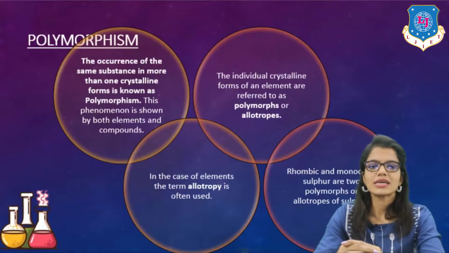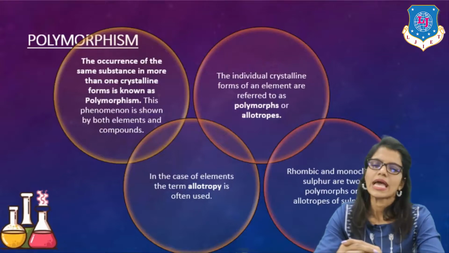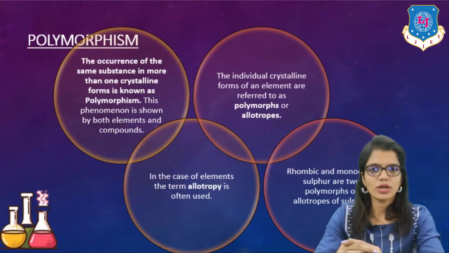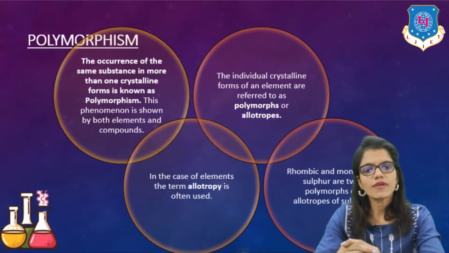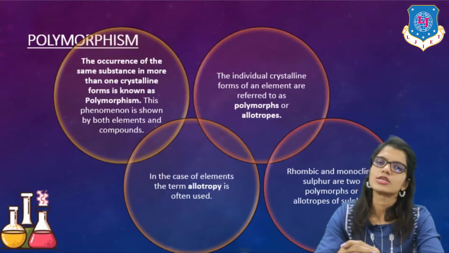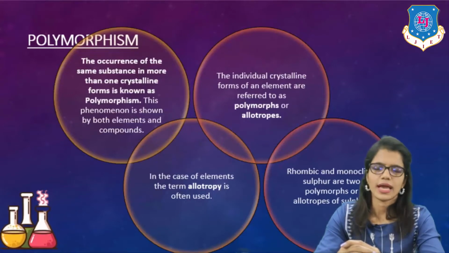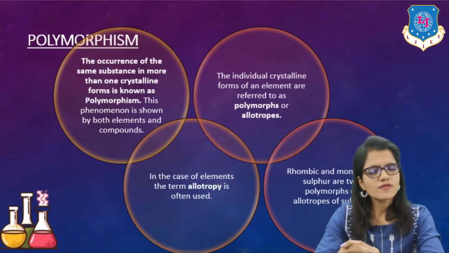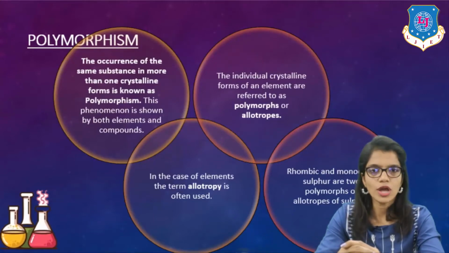This phenomenon is shown by both elements and compounds. Here, the individual crystalline forms of an element are referred to as polymorphs or allotropes. In the case of elements, the term allotropy is often used. It is also known as polymorphism or allotropy.